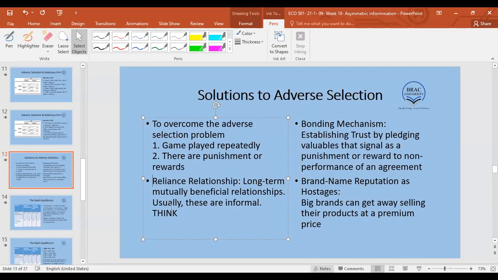This relationship is not a brand image relationship, but it is definitely a mutually beneficial relationship that has grown over time. So whichever market you normally go to, you have your particular sellers, right? Mostly. There's another way of doing it, which we'll look at next class, that bonding mechanism.